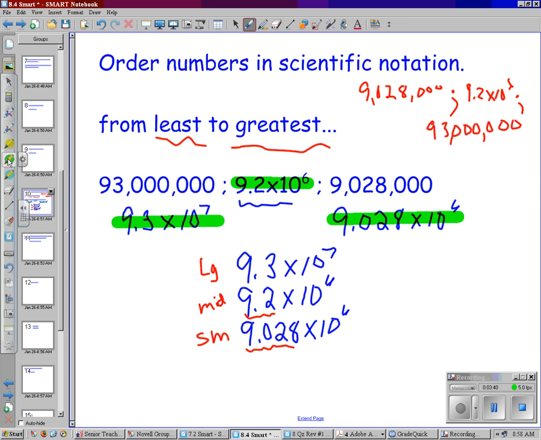Look for the exponent that is the largest when they are in scientific notation. That is your largest number. If 2 exponents are the same, then you have to look at the constant in order to determine which number is bigger or smaller, so that you can put them in order.